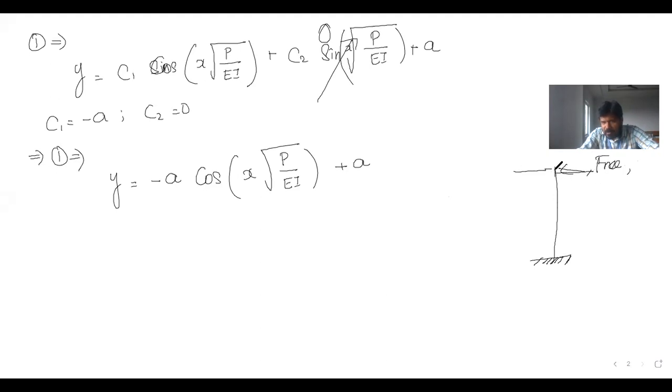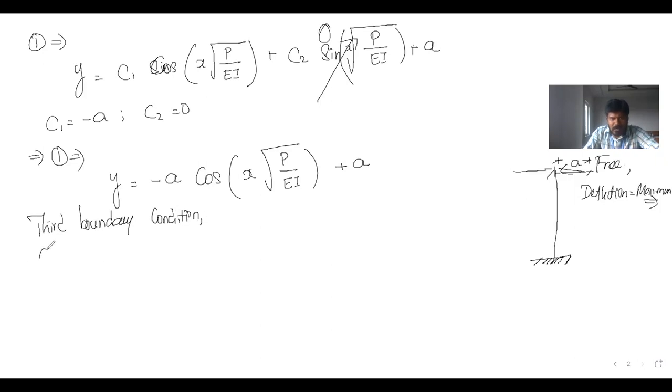Here the deflection is the maximum deflection, and that value is A. If the end is free, the deflection is equal to the maximum, which is the third boundary condition at the free end.